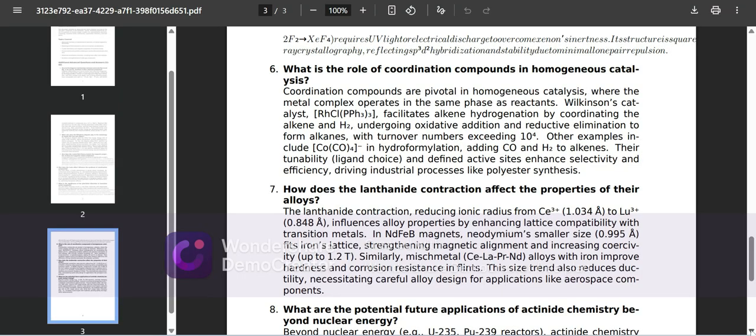What is the role of coordination compounds in homogeneous catalysis?